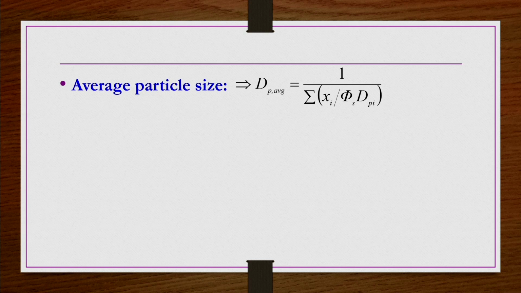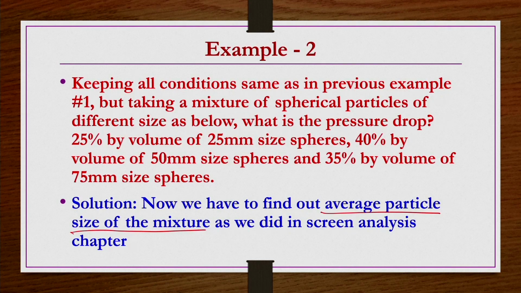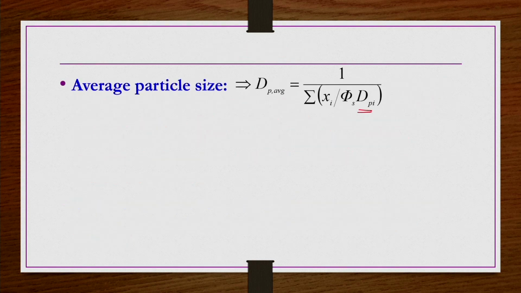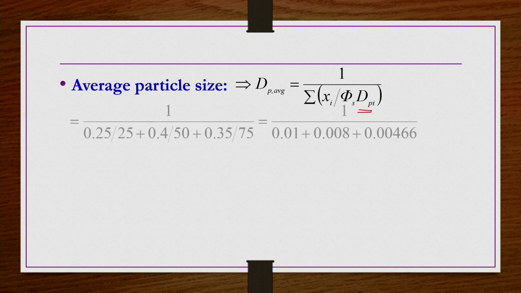Here dPi are the spherical particles of different sizes: 25 mm, 50 mm and 75 mm. Phi s is 1 because all particles are spherical here also. xi is also given: 0.25, 0.4 and 0.35 fractions.